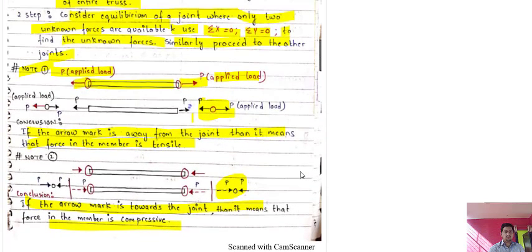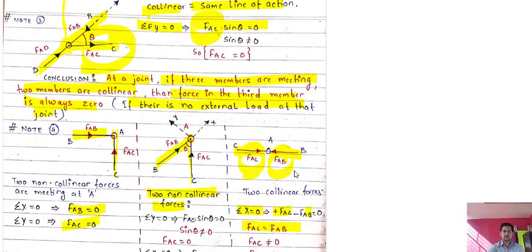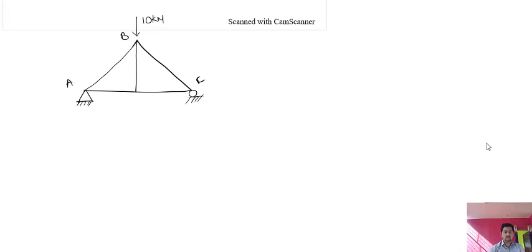Now, if we see the numerical, in this numerical we need to find the force in the member BD. So for finding the force in the member BD, what will you do?